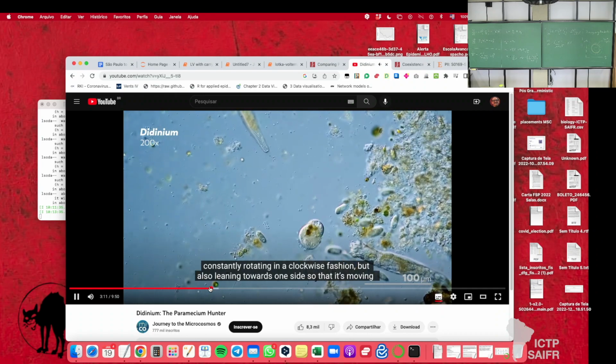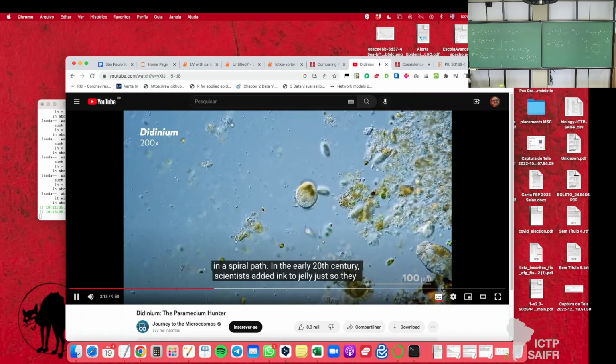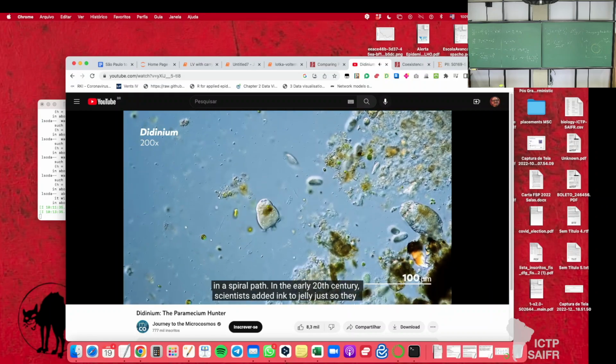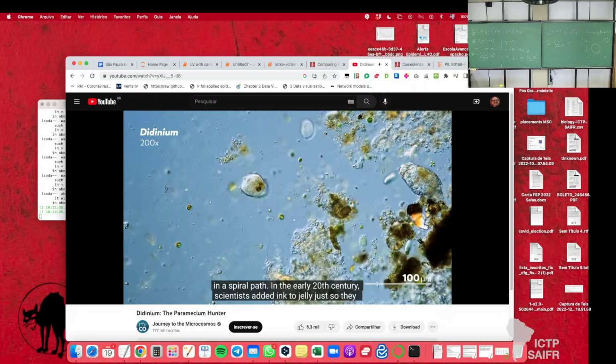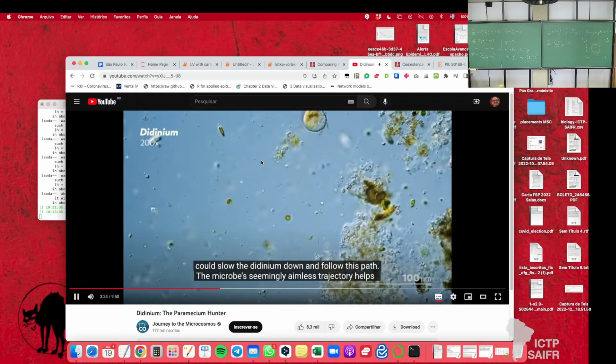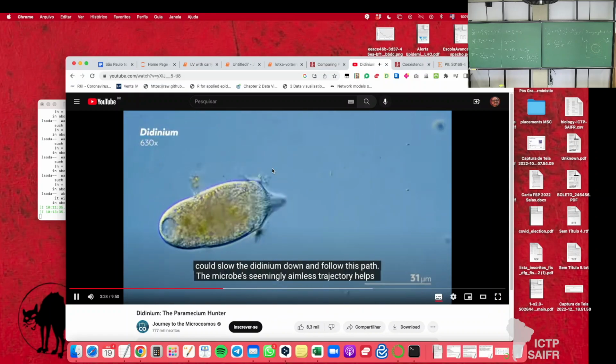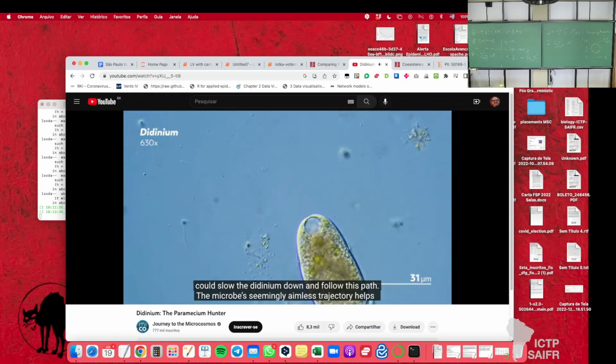The Didinium has the characteristic that because it's swimming, it goes around super quickly. So it explores the space very quickly, and anything it touches, it tries to suck and consume.